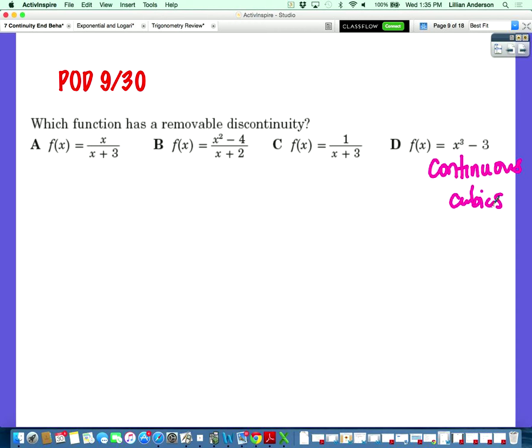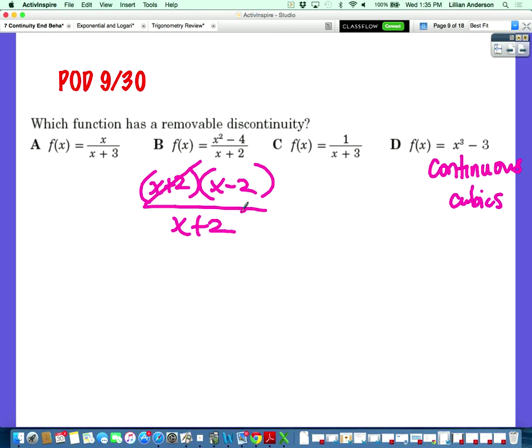So B is the only one that's going to cancel with something. Look at the top. The top factors down, and whenever a factor cancels out with the top and the bottom, you know there's going to be a hole, or a removable discontinuity.